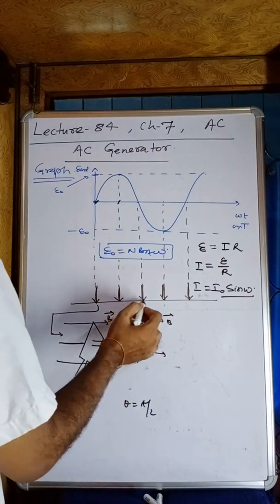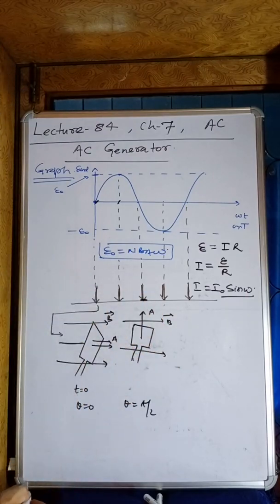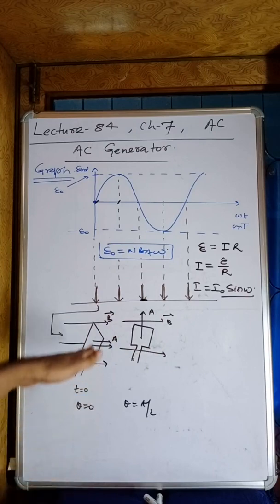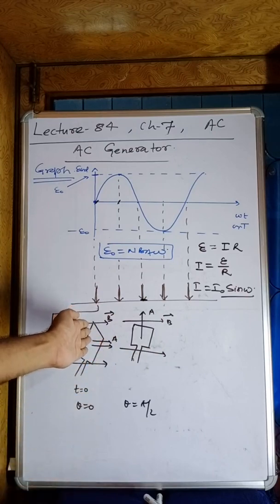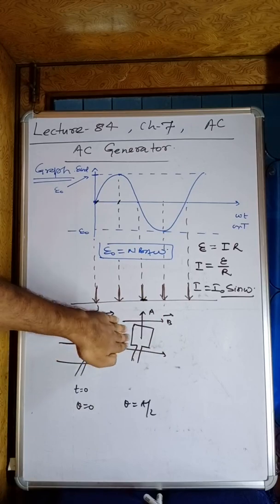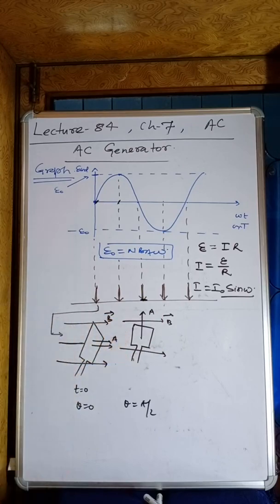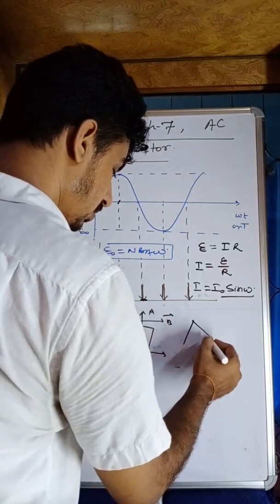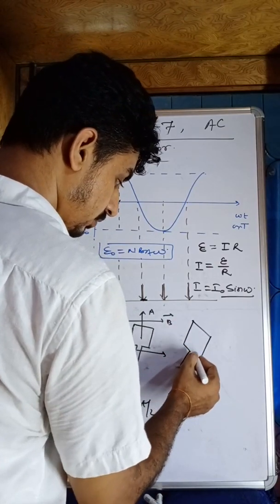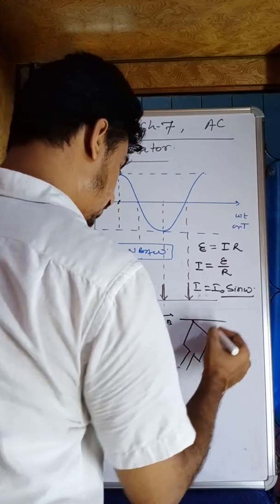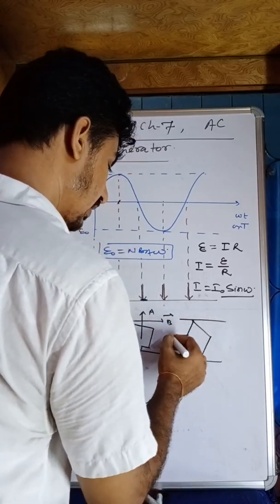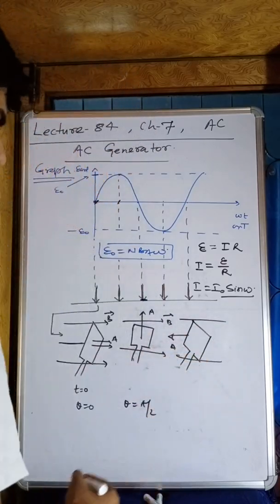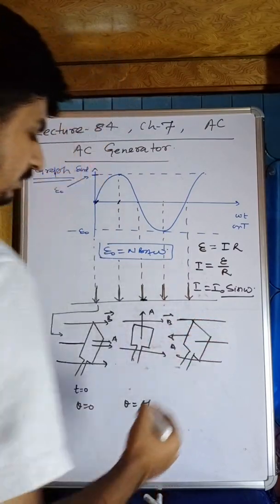Now for the third case, if we plot the diagram, this was in this orientation, and it moves 90 degrees. Now again it looks like this, and the area goes in this direction. I hope you understand.